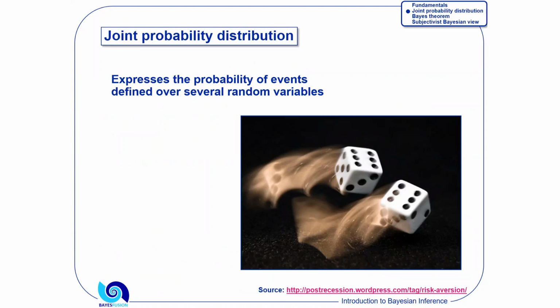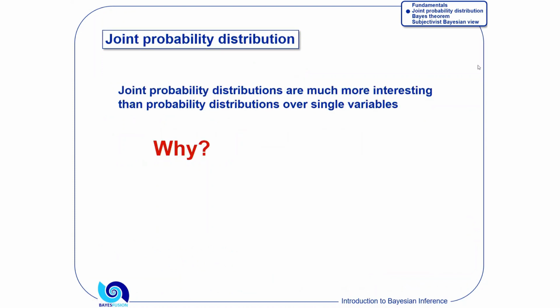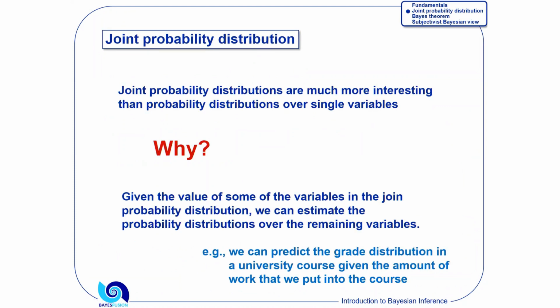And they are much more interesting than distributions over single variables. What's the reason for that? The reason is that if you have a joint distribution, then given the value of some of the variables in the joint distribution, you can estimate the probability distributions over the remaining variables.